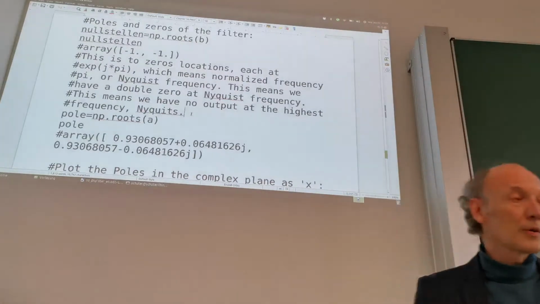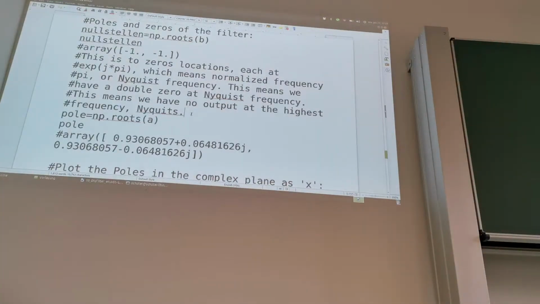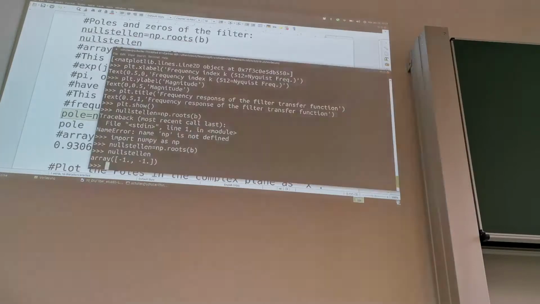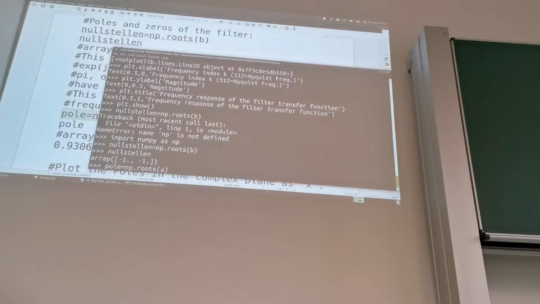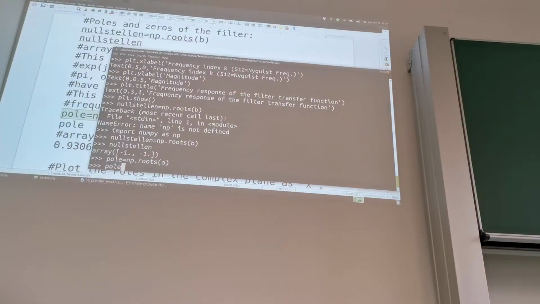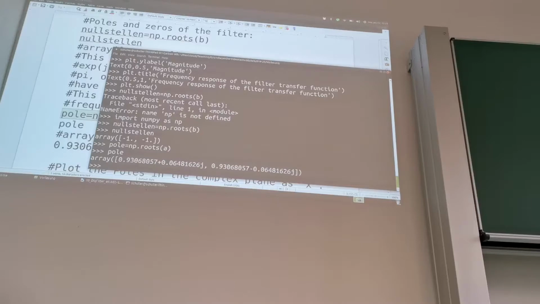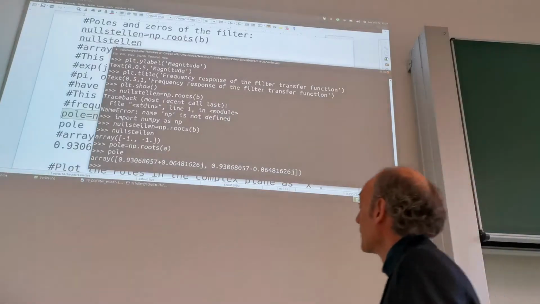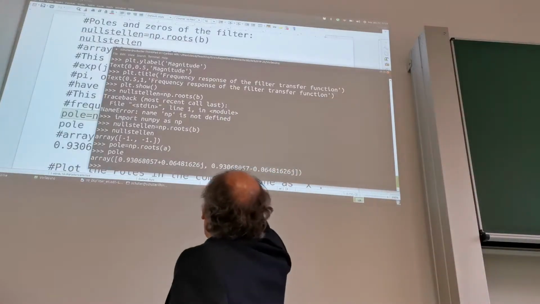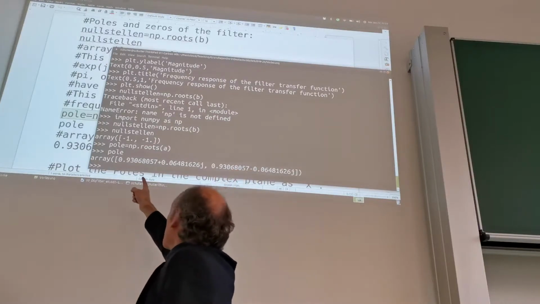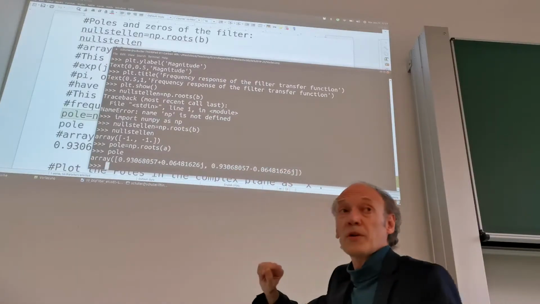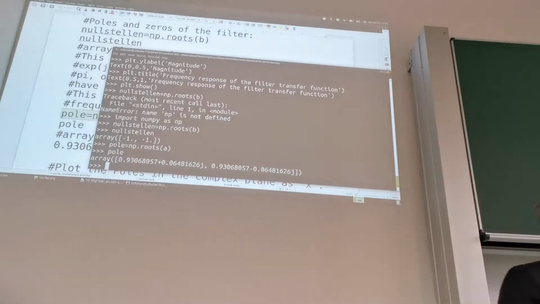So now we can take a look at the poles here by applying the roots function to the array A. So here we have pole. And here we can see we get two locations which are not so simple. Right? So you can also see that they are conjugate complex, because the real part is identical and the imaginary part is just sign changed.